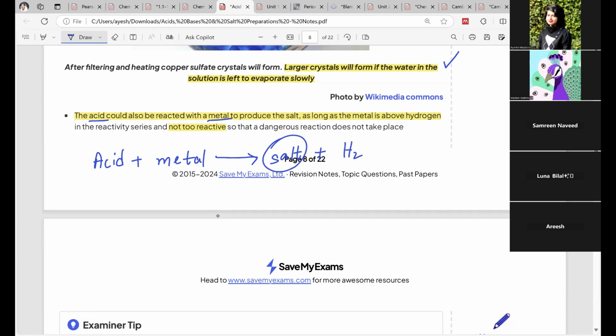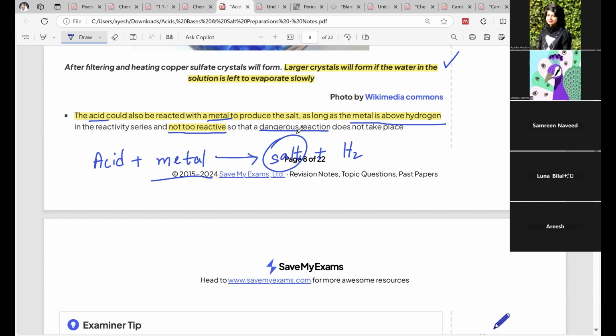But one condition is that whatever metal we are using should be above hydrogen in the reactivity series. But we will not take the very first metals, sodium and potassium, at the top, because they are too reactive and that will give a dangerous reaction. Too reactive means a very quick, fast, explosive reaction, so they will be hard to handle in the lab.